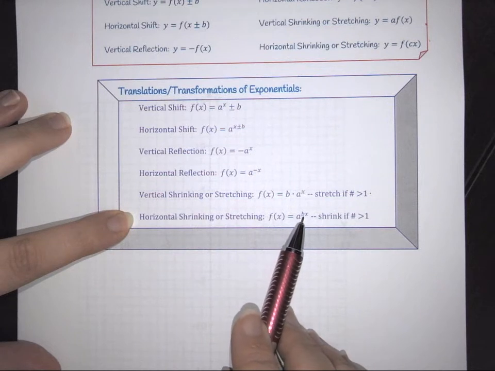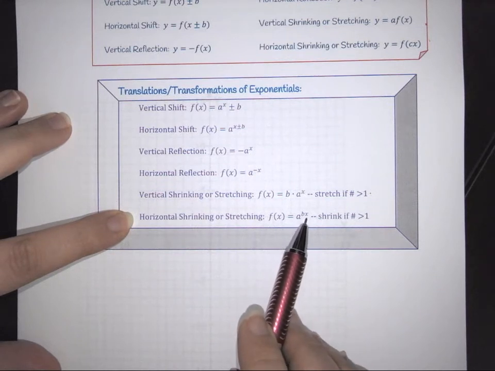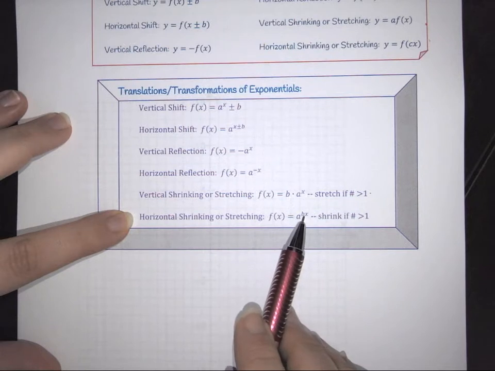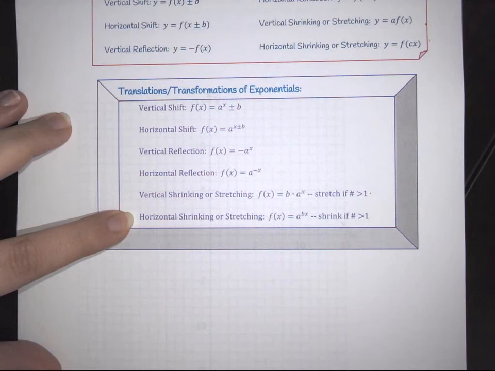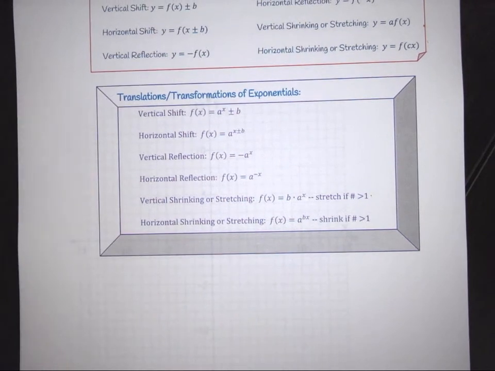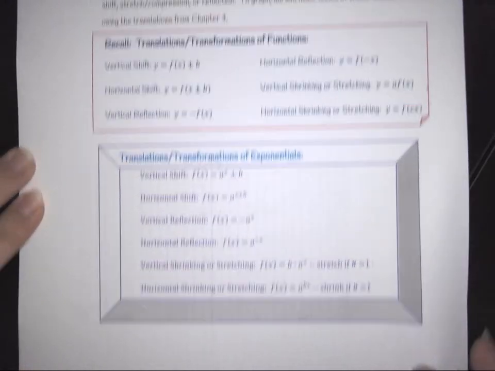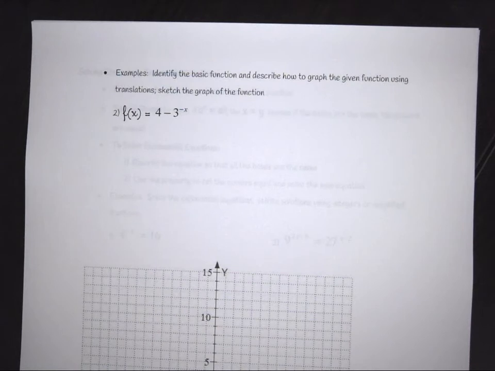It is internal, so it's done in the exponent. And in this case, if you have a constant greater than 1, you have a horizontal shrink. So we have to apply this idea when trying to graph.